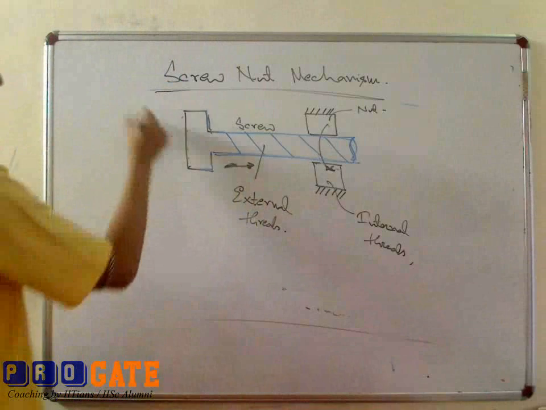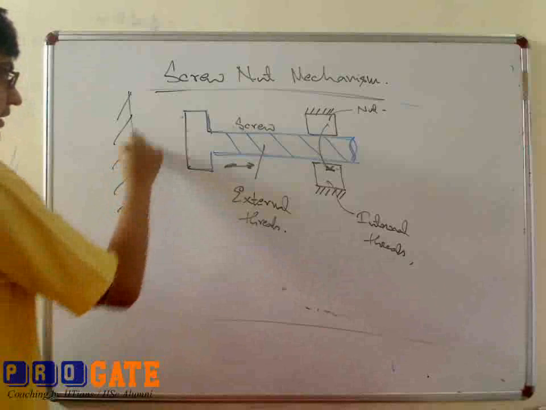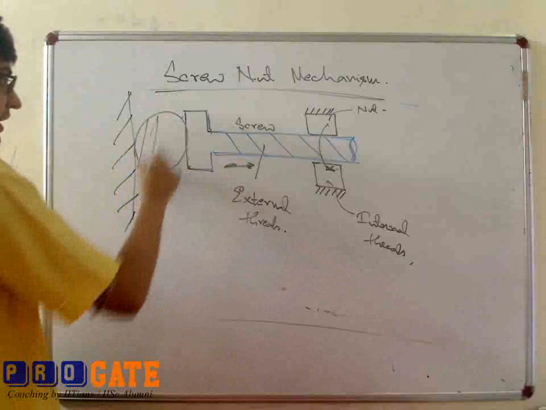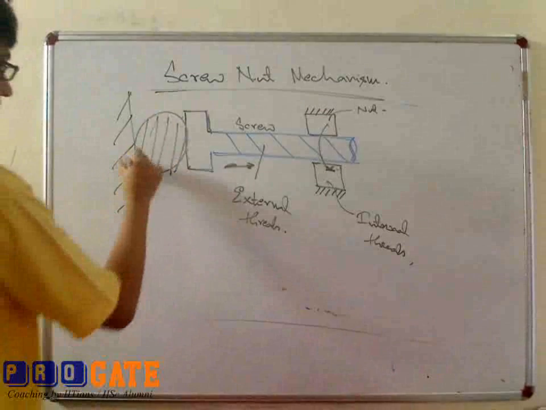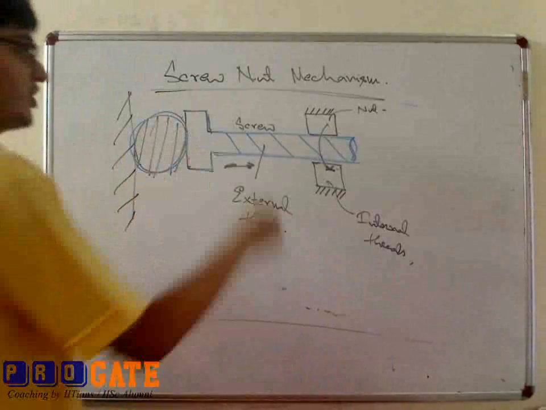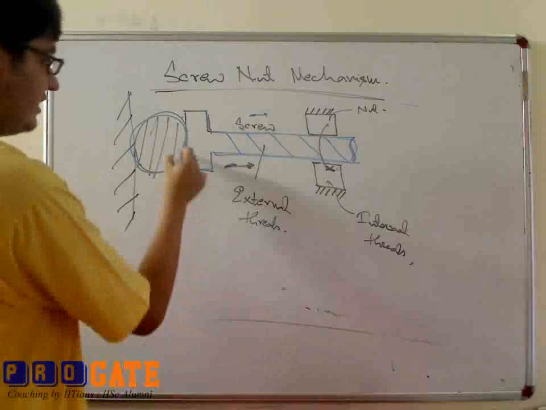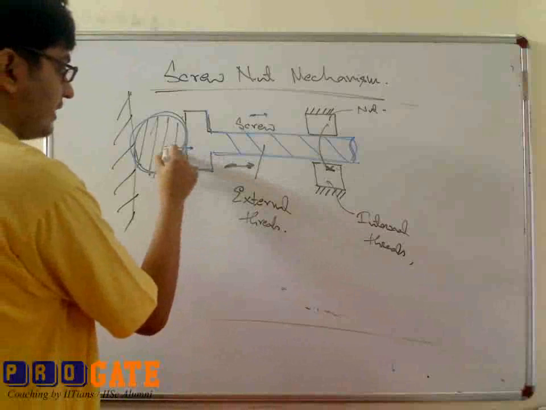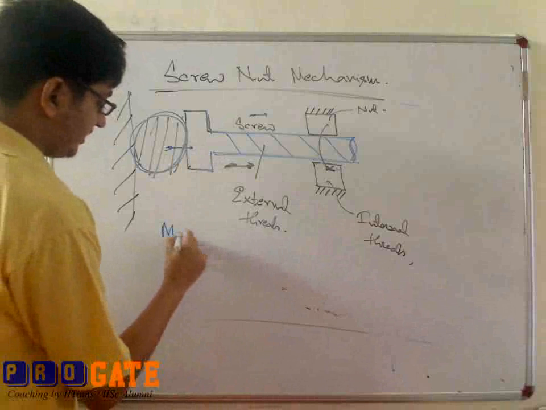Now if this is a fixed wall, you place a body here, and our objective is to compress this body. Due to this rotational motion of the nut, it is converted into translational motion of the screw, and this motion gives a force on this body. So now this becomes a machine.